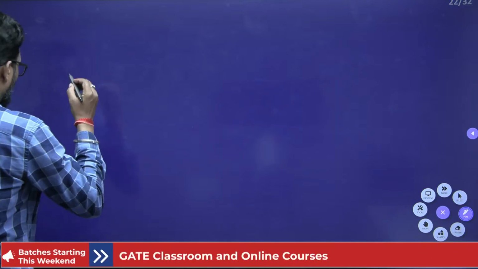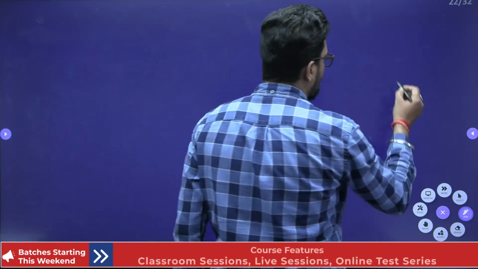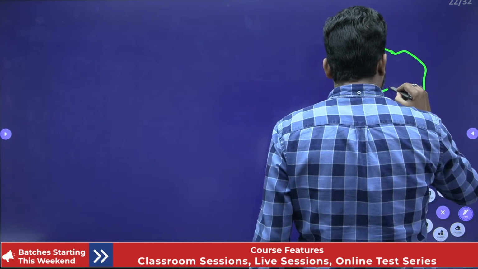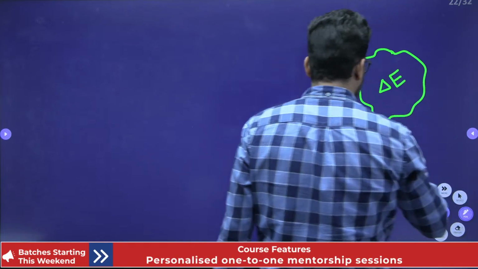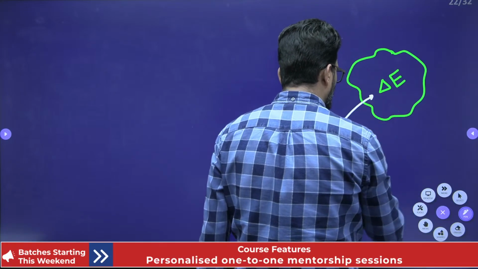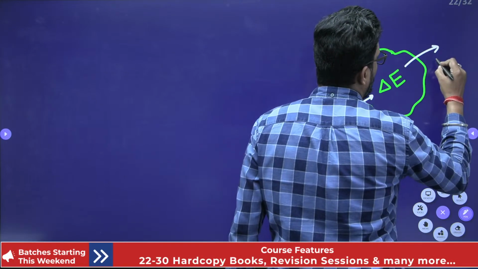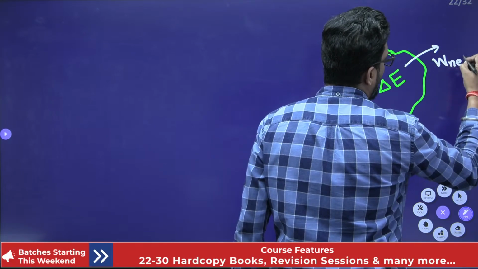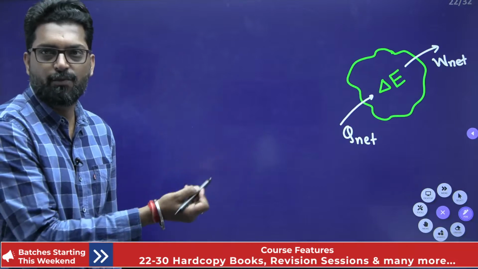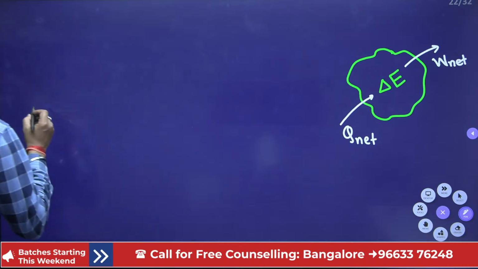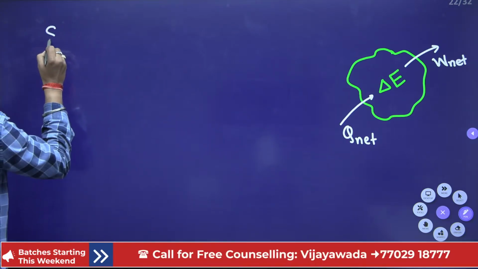That means there is a system. If this is our system, the change of the system energy E is responsible for Q net and W net. And precisely, if we transfer only heat and work, there may be a closed system.